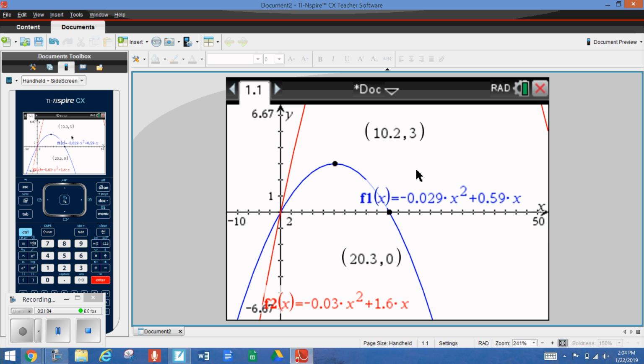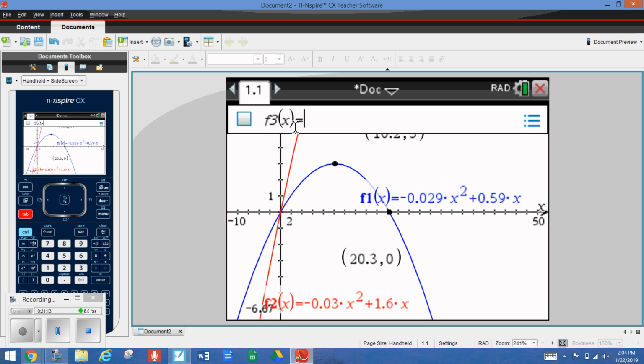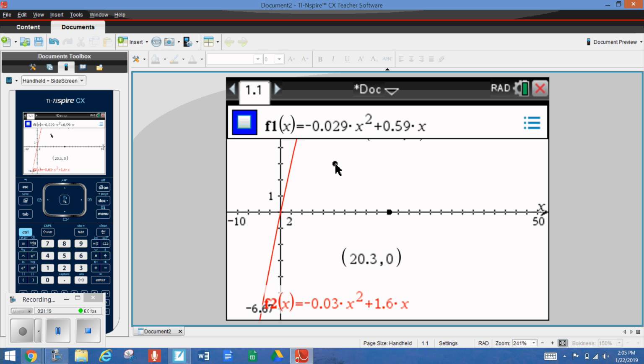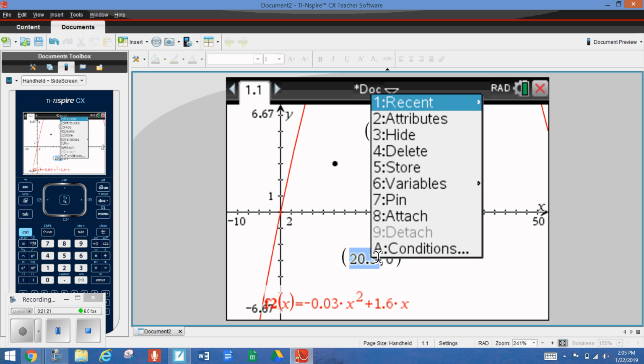I click enter. Since you don't want to see the first one, what you can do is click tab, this, click tab, this, and then uncheck this one, and then we don't want to see these anymore. We can delete those.